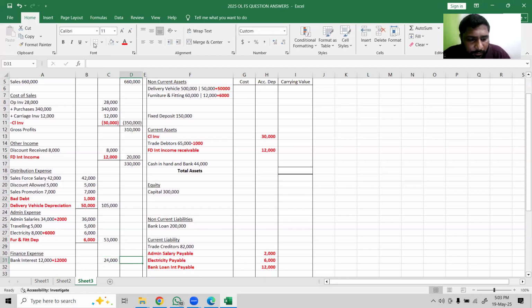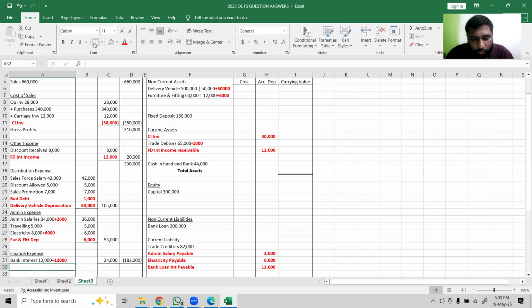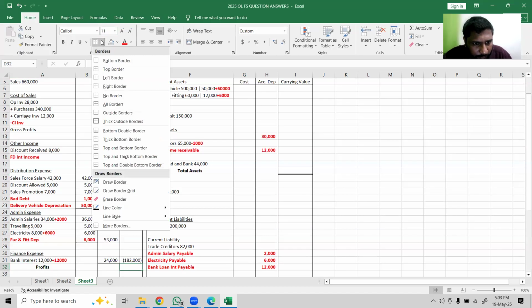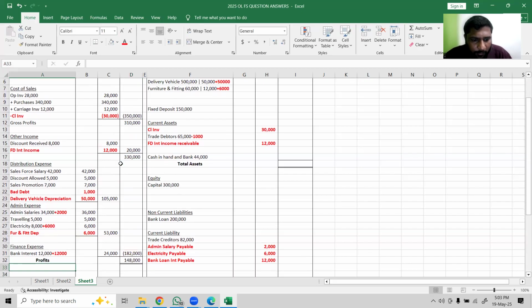24,000. Total expense 182. 148 is the final profit. Go and put it under the equity.